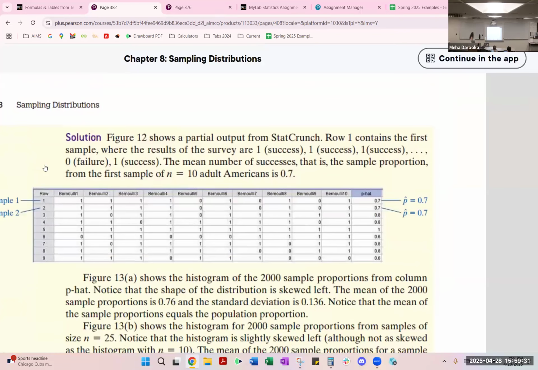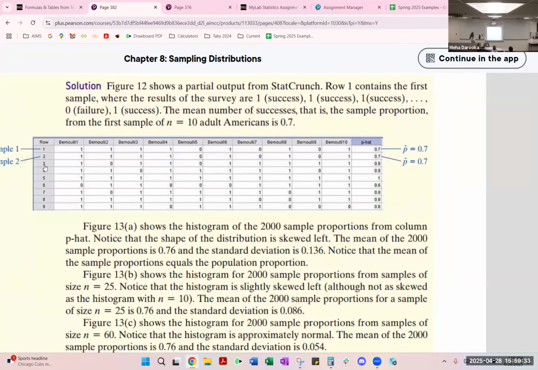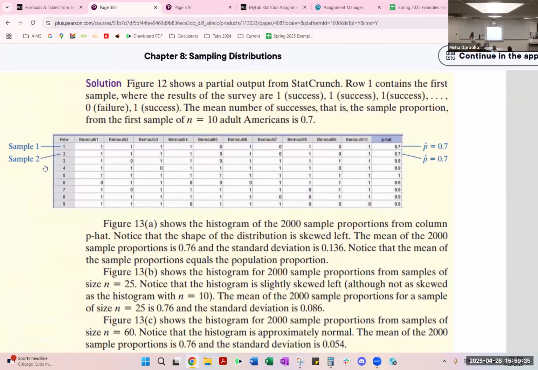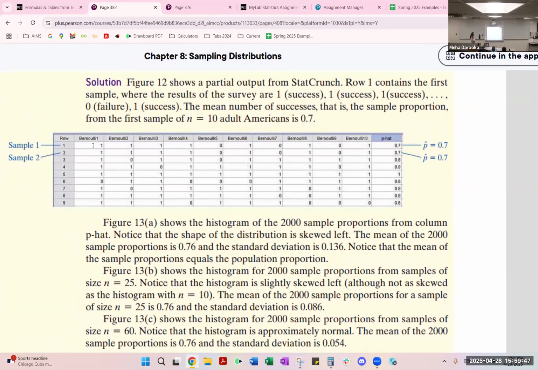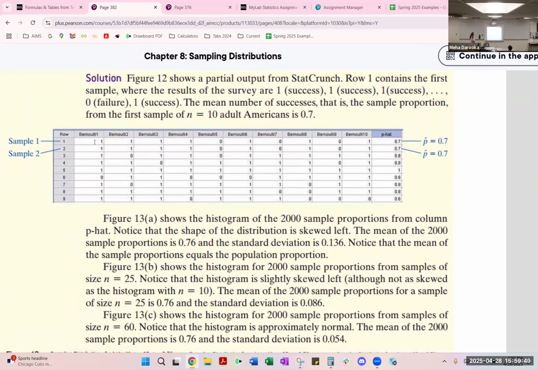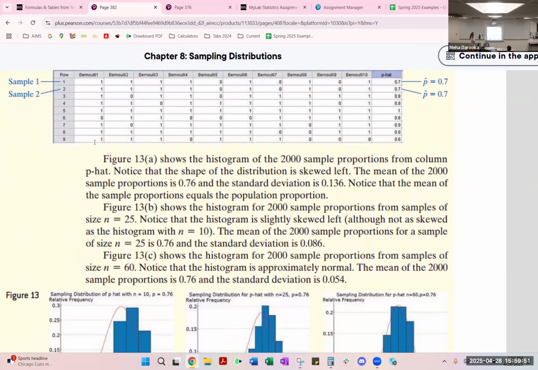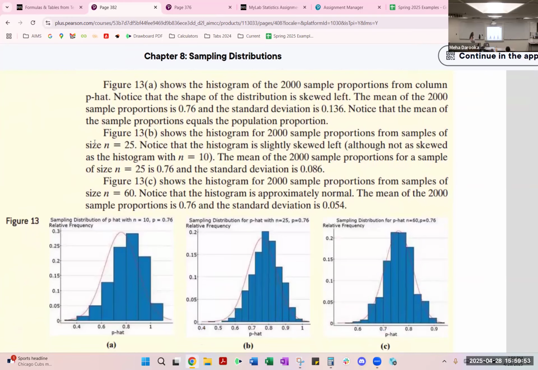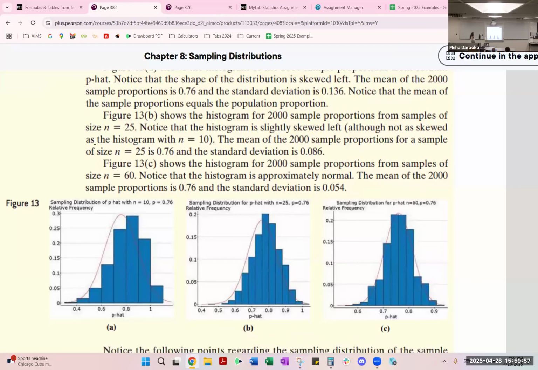But let's take a look at what this looks like. So you can see you've got your rows with all the samples in it. So you know how many people believe that the morals are getting worse. You've got your p hat at the end, in that last column, of 0.7, 0.7, 0.8, 0.8, and so on and so forth. So now we've got our proportions here.